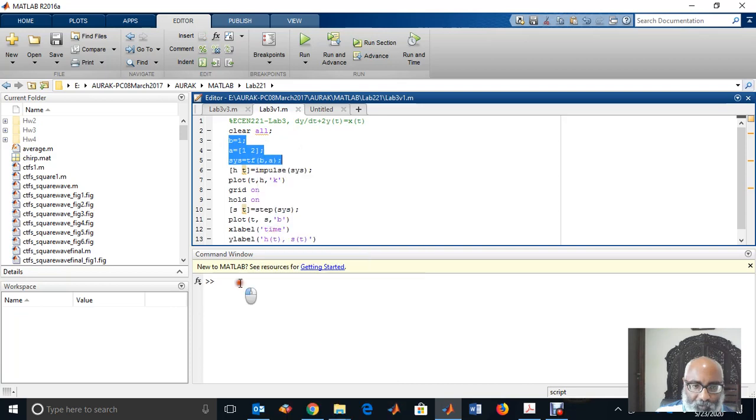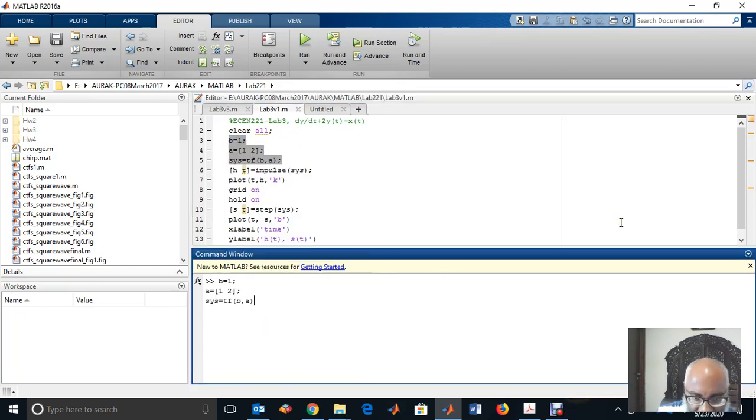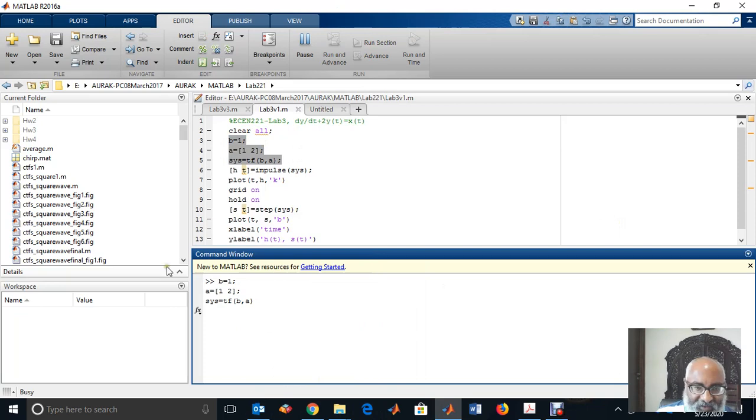I will show you what happens when you define a system that way. MATLAB will make a transfer function, which we call H of s. H of s will be 1 over s plus 2.